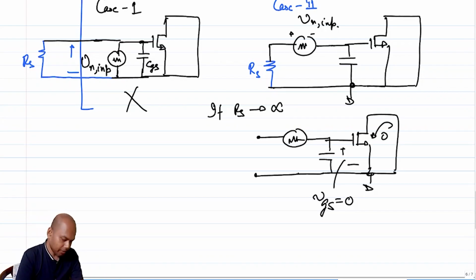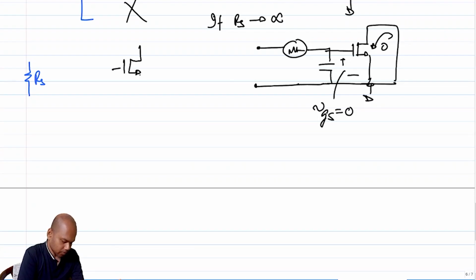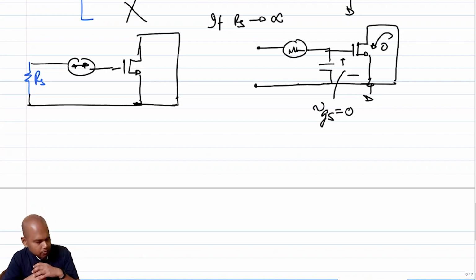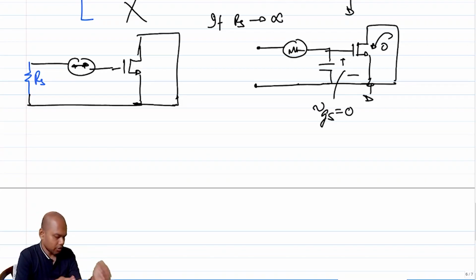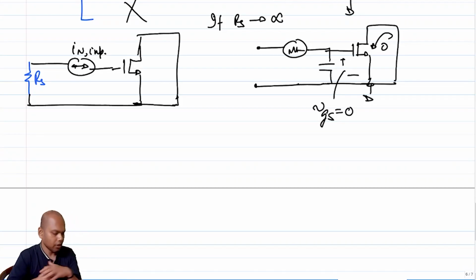What about another case, where I use a current source to model it? So I use a current source to model it. Let's say this is a current source, IN input referred. So can I use this? Obviously I cannot, just like case 1.